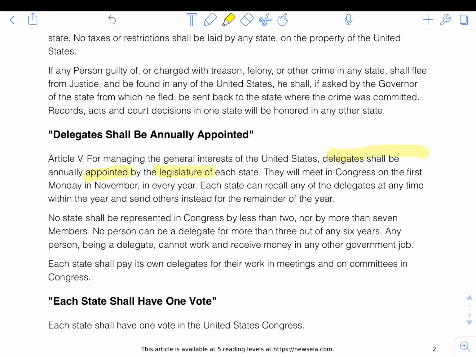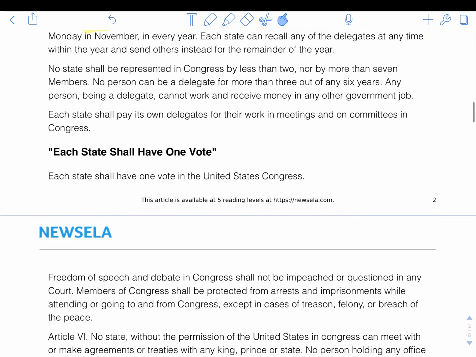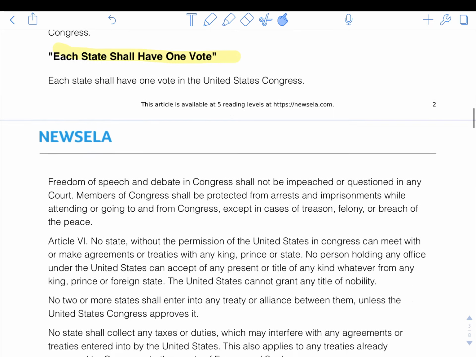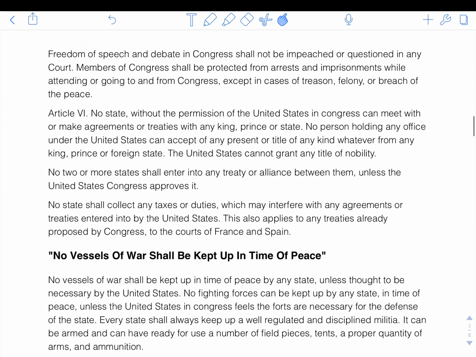It's not that these people are voted on; they're actually appointed by the legislature, who is voted on. Each state shall have one vote. That's something that's probably very important. And we just continue on down. Freedom of speech and debate in Congress shall not be impeached or questioned in any court. Okay, so you can speak, there's no limits on what you can say. It may or may not happen, but there's no limits on it.